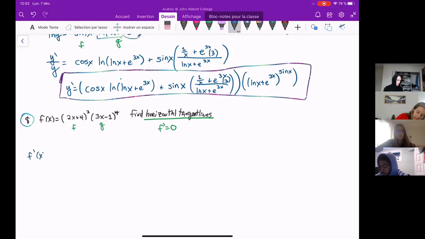So f prime of x is the derivative of the first times the second plus the first times the derivative of the second.